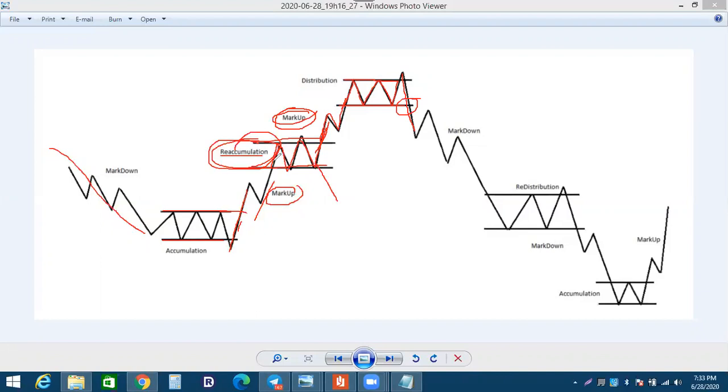In this case, look, the same scenario happened, but after the breakout in the up direction, we consider that a reaccumulation. That was not a distribution. Yes, the supply and demand was equal here, but when we found a breakout, after the breakout we consider that a reaccumulation. Again, now we find supply and demand equal to each other.